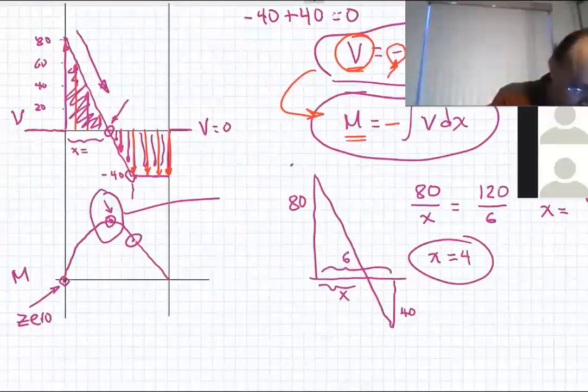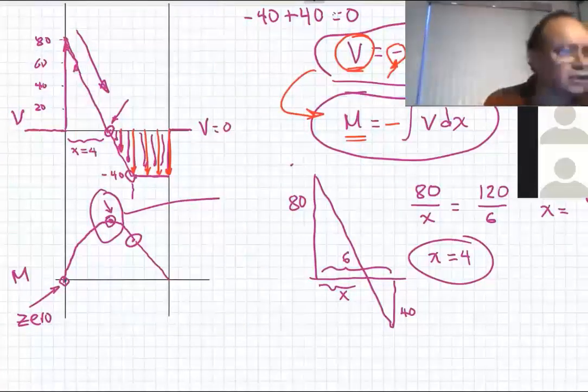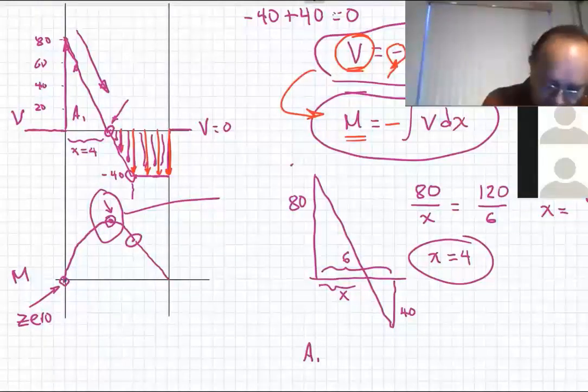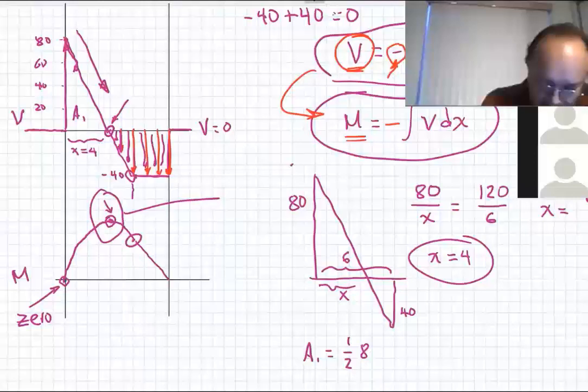So let's call this area 1. So we need to find area 1. Area 1 is equal to 1/2 of 80 times 4. So area 1 is equal to 160.